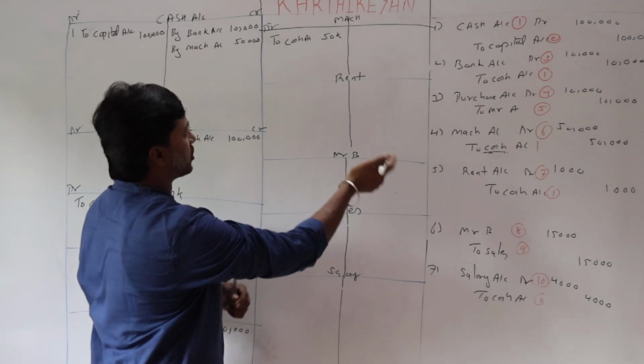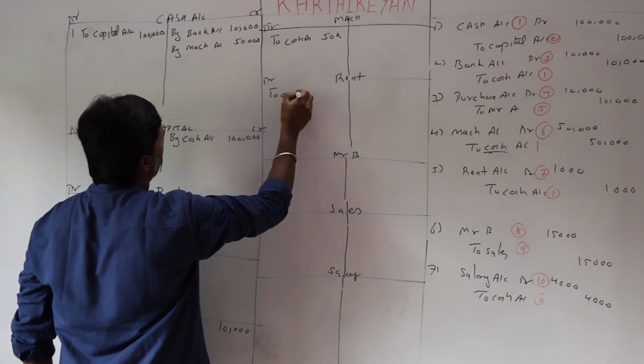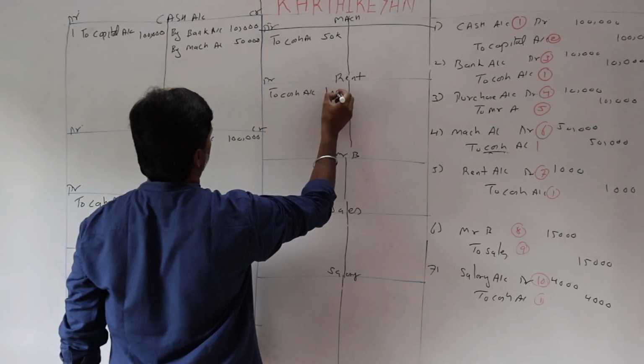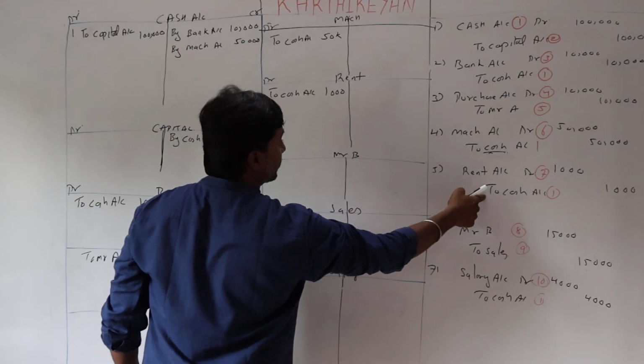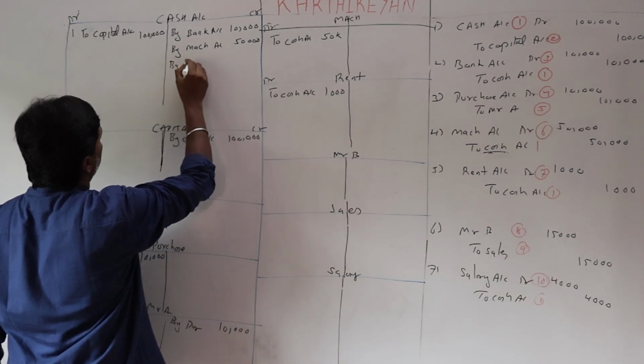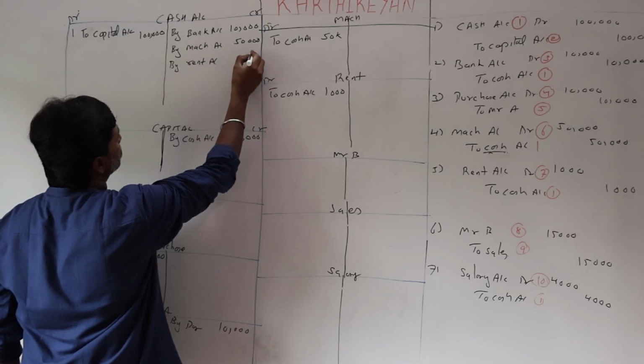Rent to cash, rent account debited to cash account. How much rupees, 1,000. Fine. What has happened to cash, it has been credited by rent account, 1,000 rupees.